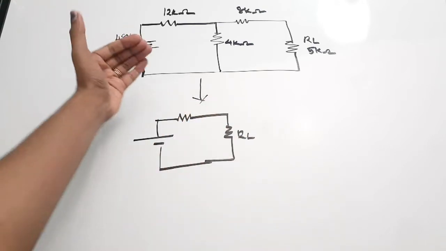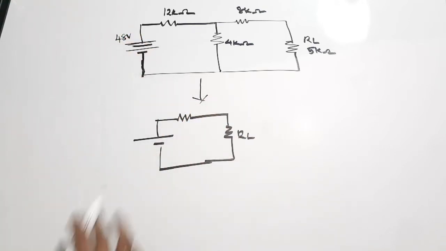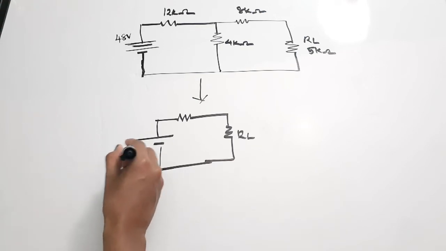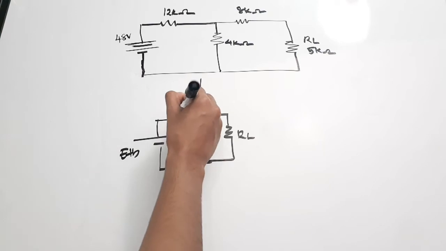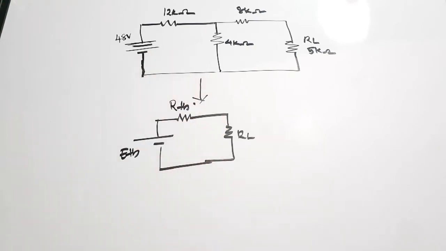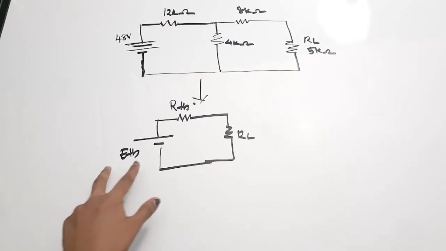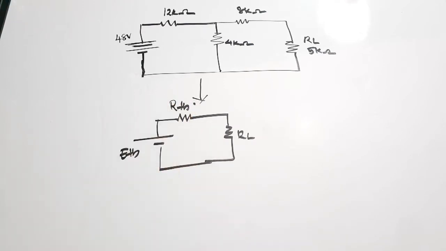This is the Thevenin's equivalent circuit. This voltage source we call ETH, which is Thevenin's equivalent voltage, and this is RTH, which is Thevenin's equivalent resistance. So while performing Thevenin's simplification, our aim is to find ETH and RTH.